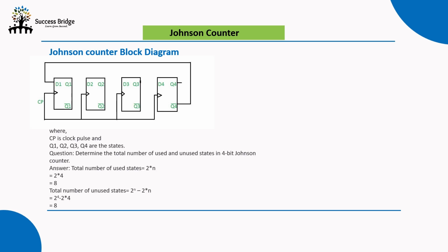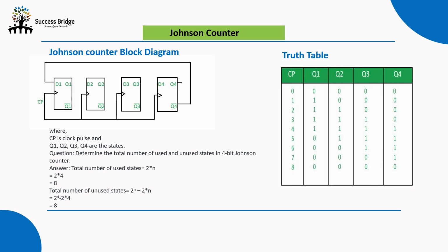The number of used states is 2n, that is 2 into 4, which is 8. To find the unused states, that is 2 to the power n minus 2n, which is 2 to the power 4 minus 2 into 4, that is equal to 8. These 8 are unused states.